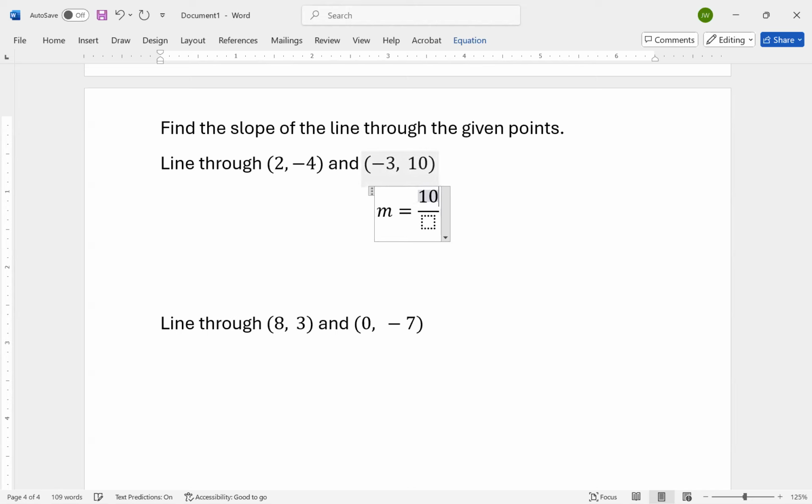So I'm going to take 10 and then subtract the y value of the first point, which is -4. That's going to be my numerator, 10 minus -4. My denominator is going to be the x value of the second point, which is -3, minus the x value of the first point, which is 2.